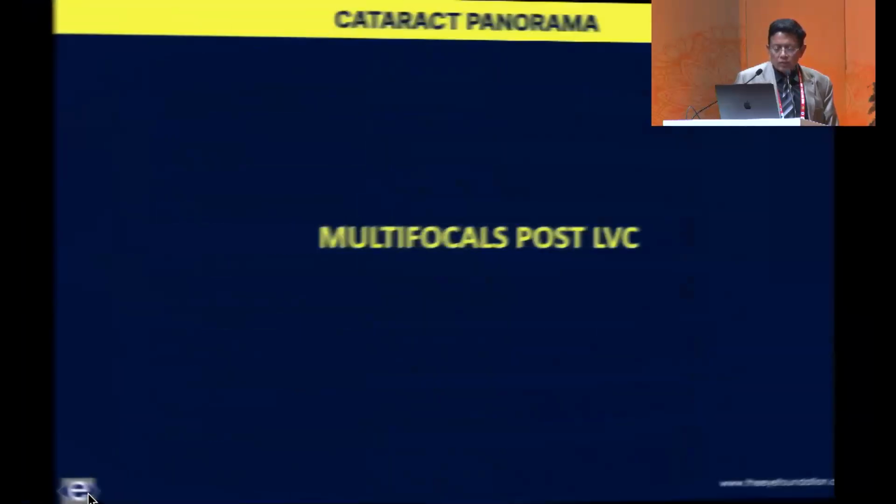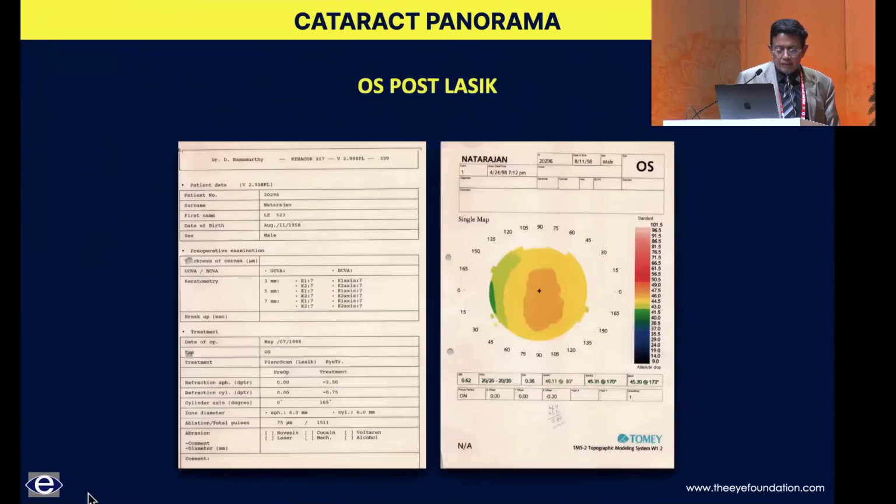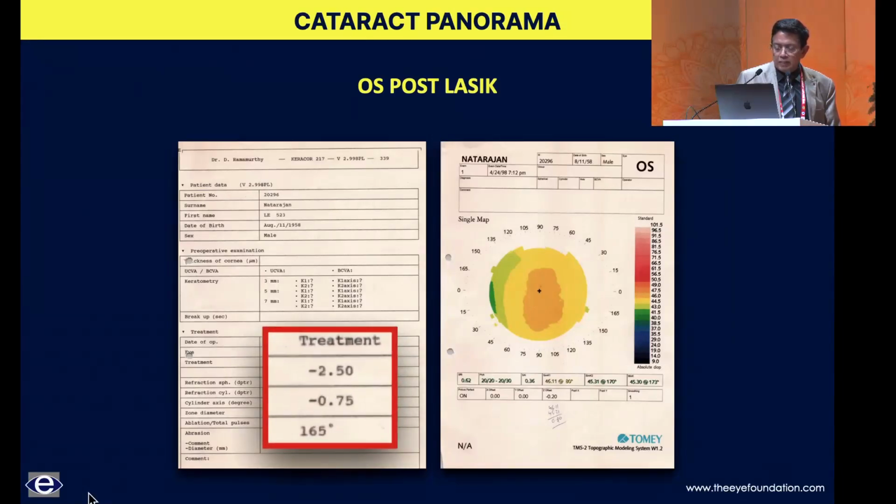So anyway, multifocal post laser vision correction, I think we discussed this in the morning also after the presidential lectures. This was a patient I had done LASIK treatment on in 1999. At that time, we had just a TMS2 topographer, a simple straightforward power, minus 2.5 with minus 0.75.